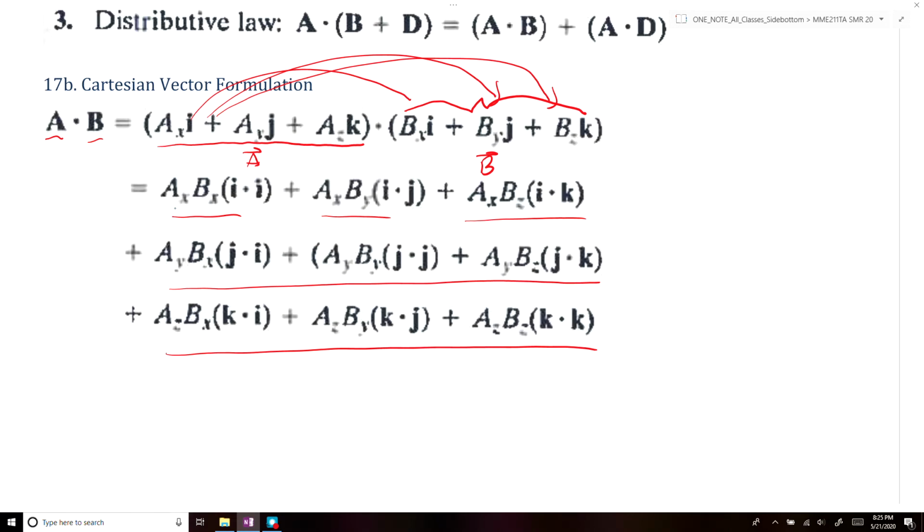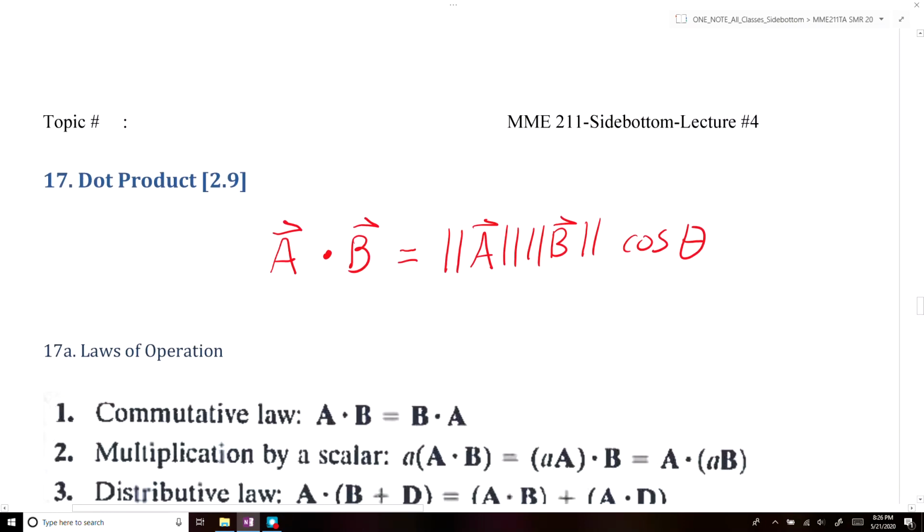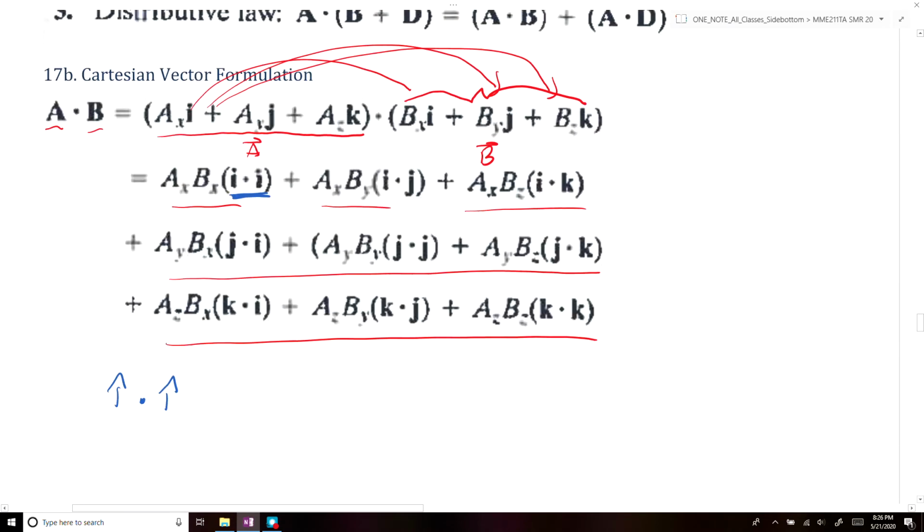Now we're going to look at the dot product between unit vector I and unit vector I. From earlier, we defined the dot product between any two vectors as the magnitude of those two vectors times the cosine of the angle between them.